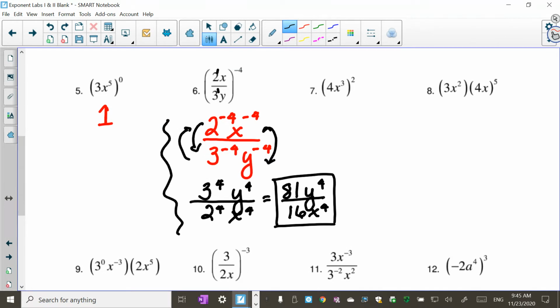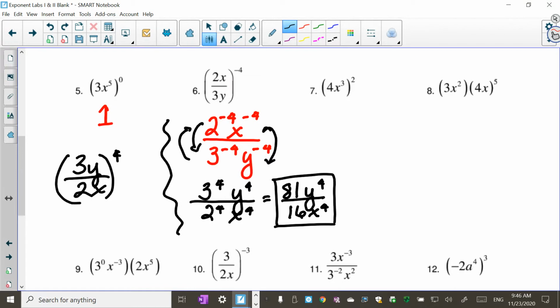I just want to show you this because there's more than one way to do a lot of these. Because this is raised to the -4, you can actually just flip the fraction on the inside and write it this way: 3y over 2x all raised to the +4. Because really, if you did this, it's negative. You could do 1 over this, and then when you do 1 divided by a fraction, you can flip it.